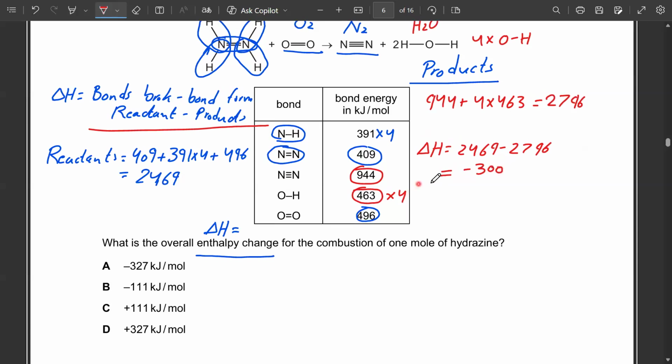Minus 300. Check it again. 2469. Okay, fine. 327. Right. So it is 327. Fine. I did a miscalculation before. So minus 327. So A is the correct option.